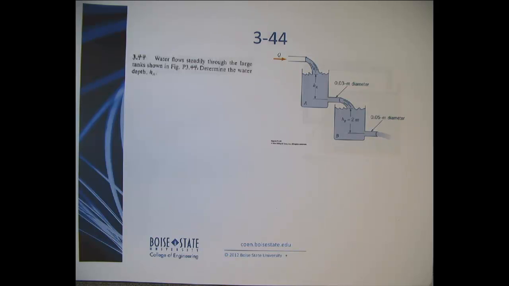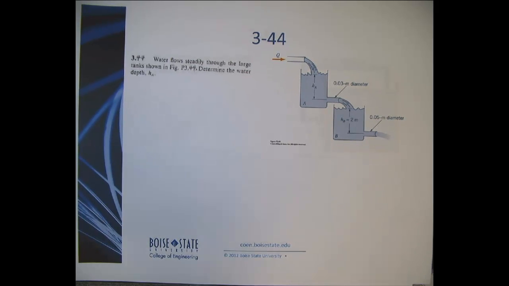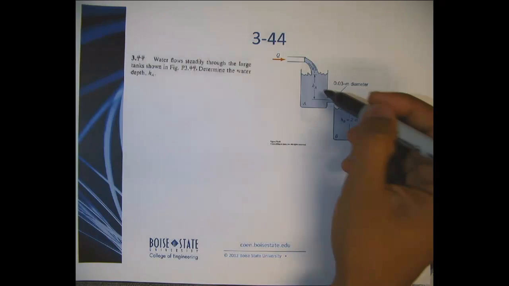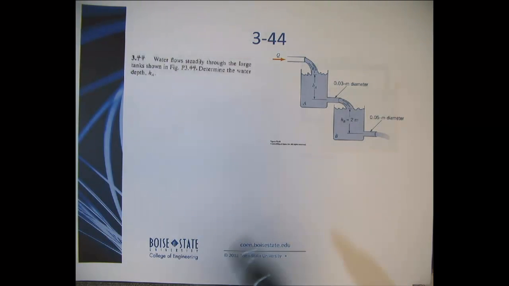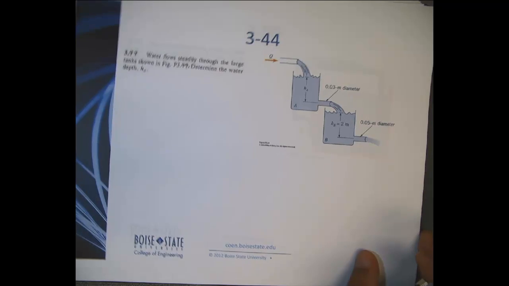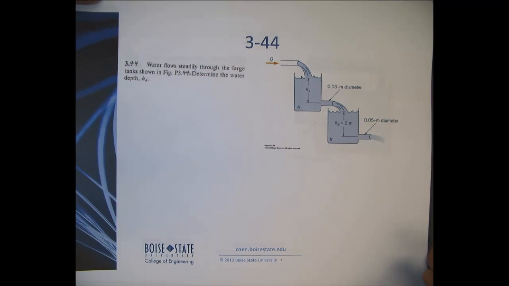Okay. Now let's look at a problem where the conservation of mass, which I was talking about earlier, could be applied. So water flows steadily in this problem 344 through the large tanks shown in the figure. You're asked to determine the water depth HA. So at first, let's see what it means by a steady flow.